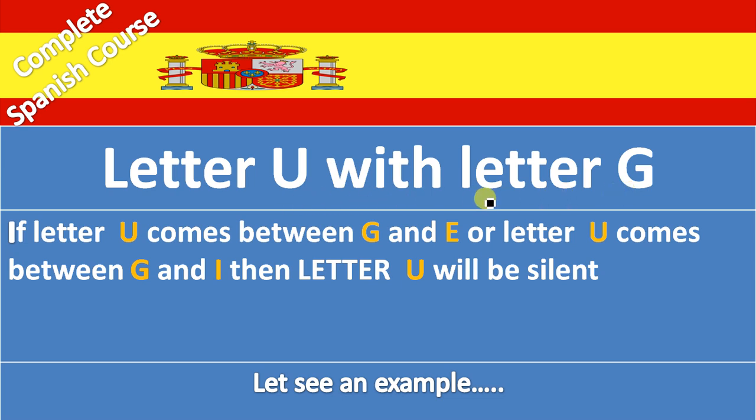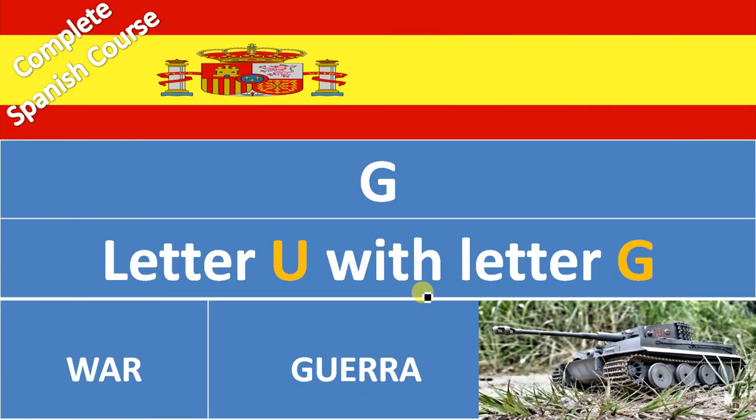Now letter U with letter G. If letter U comes between letter G and E, or letter U comes between letter G and I, then letter U will be silent. Example, letter U with letter G. War.